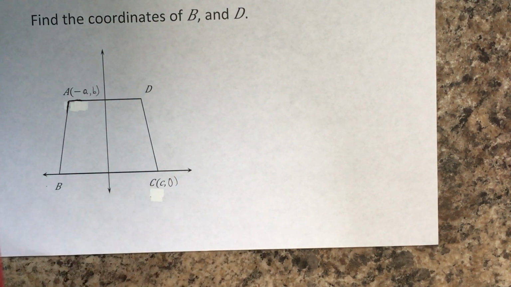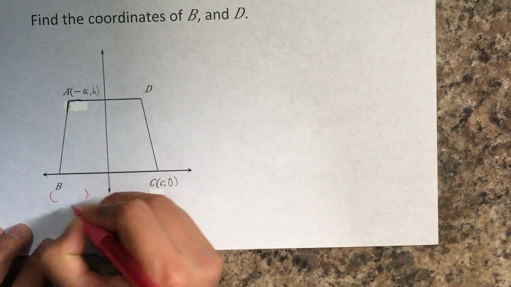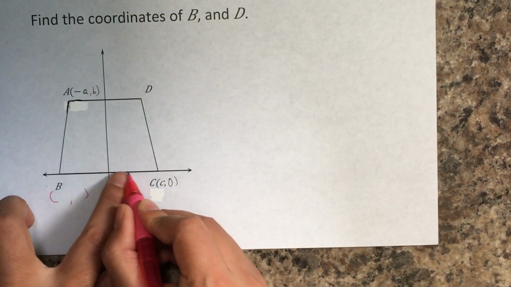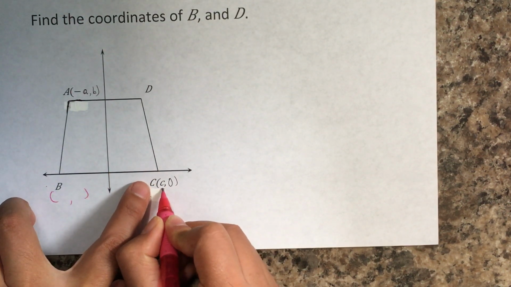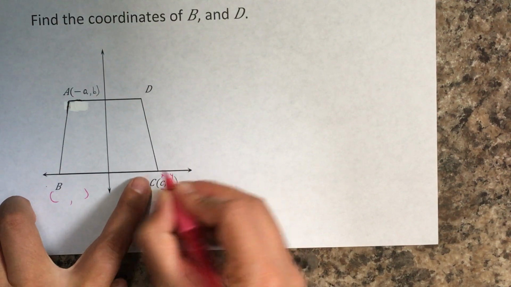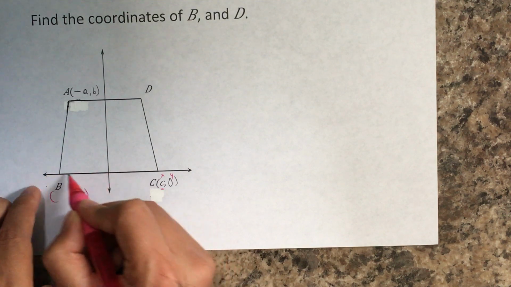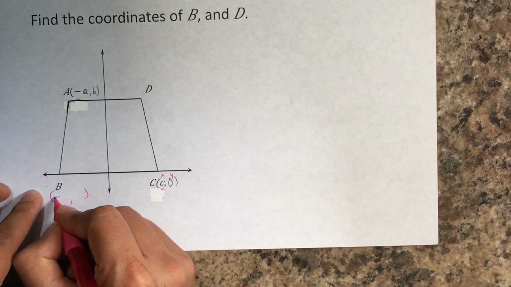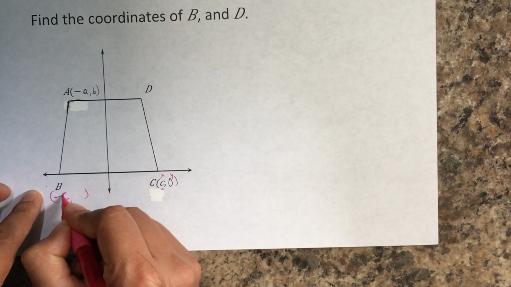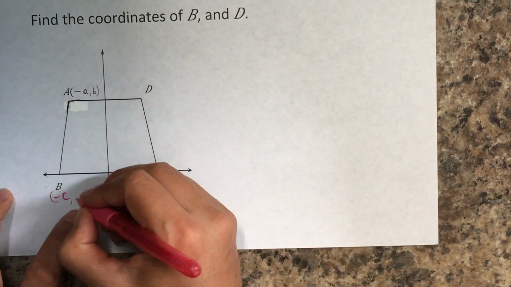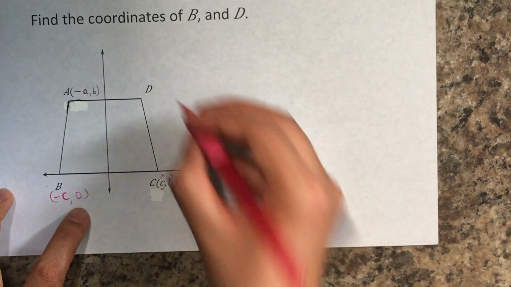So let's start with B here. On X, this was C, right? Because that's X and Y. So X is C. Going this direction, it will be the same distance, but now negative because it's going to the left. And you don't go up or down, so that's 0.